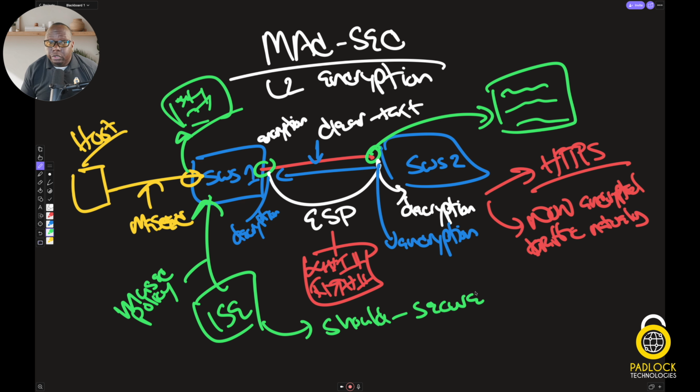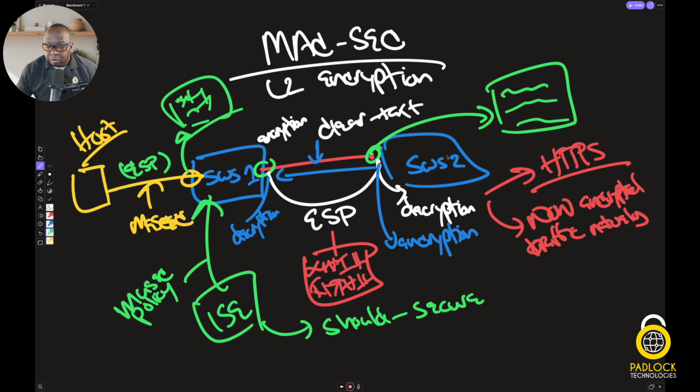So when it's should secure, it's going to initiate that whole key exchange, all that good stuff, and then you'll see the encryption between the two. Then you'll have encryption all the way through from the host up to the router.